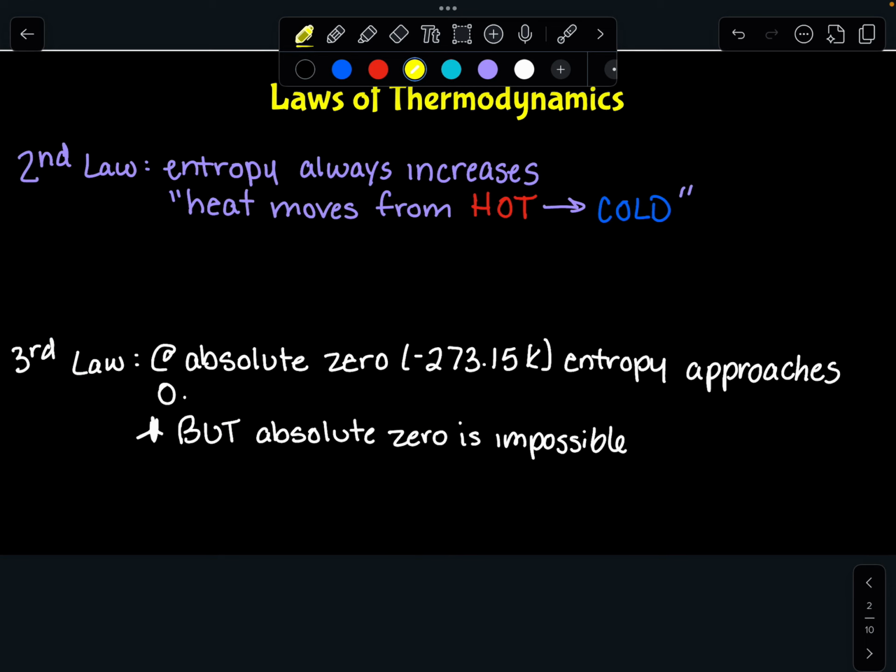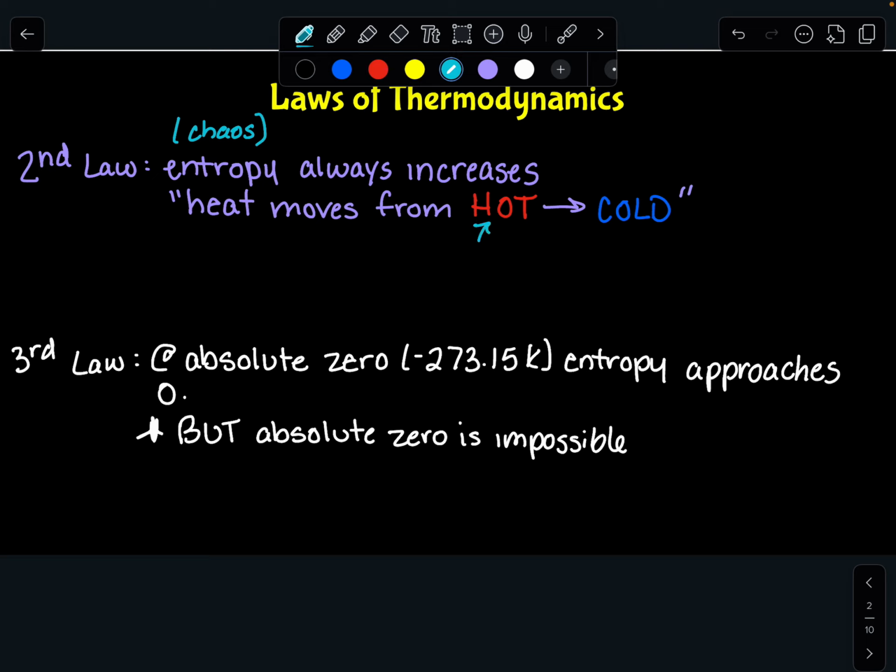The second law of thermodynamics states that entropy always increases. And we can reword this by saying that heat moves from hot objects to cold objects. Now, entropy is a real big word, but all it means is chaos, chemical chaos. So when we're talking about moving from hot to cold, what we're saying is that hot objects tend to have more chaos than cold objects because their particles are moving faster than the cold objects are.